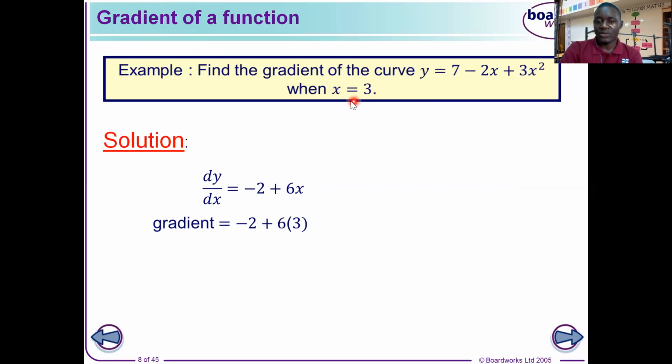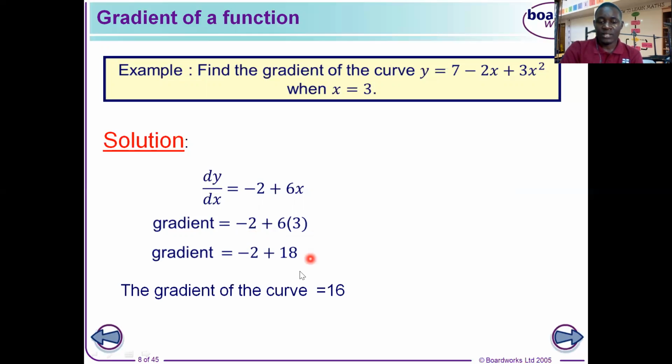We are just given the value of x at the point where we are expected to calculate the gradient. So you could be given the coordinate point or just the value of x at that particular point. We are not interested in the y value since we are only calculating the gradient. So at the point where x is 3, we substitute 3 into our gradient function. That will be minus 2 plus 6 times 3. The end of that calculation will give us the gradient of the curve as 16.